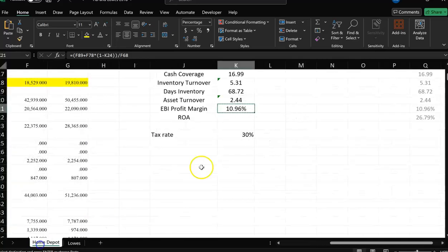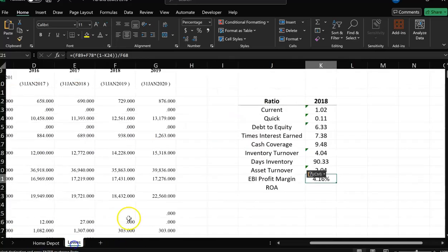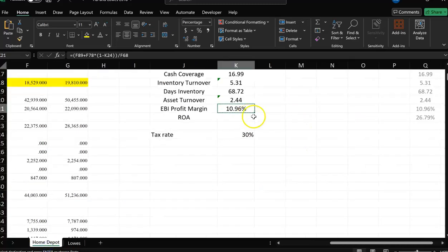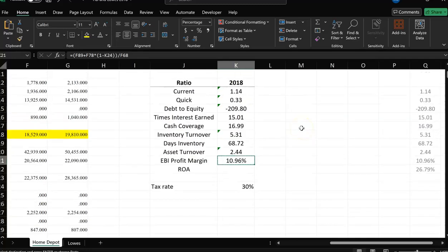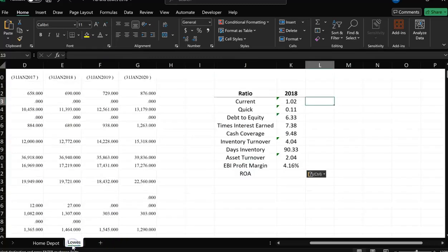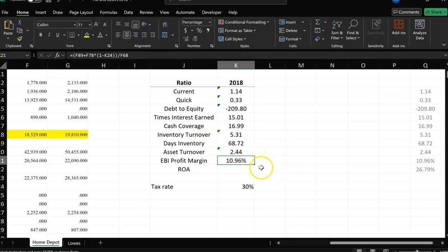So in this case, if you're looking at a value judgment between these two companies, you would say certainly for 2018 at least, Home Depot had a much better return on its assets, much better EBI profit margin here. They have a lot more money left over after paying their expenses than Lowe's does, right? So yeah, that's the first one where there's quite a difference there.